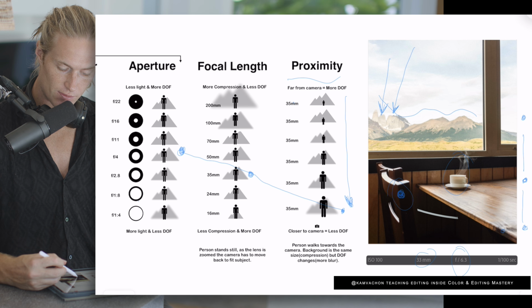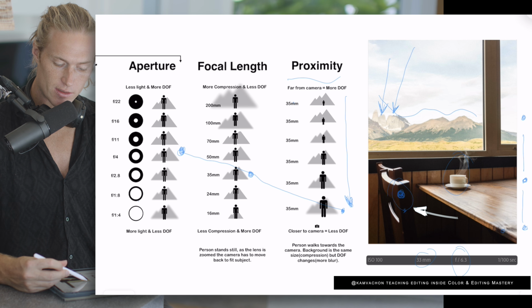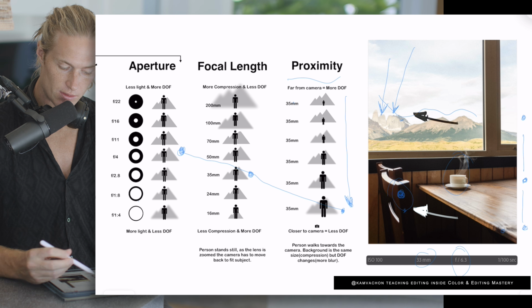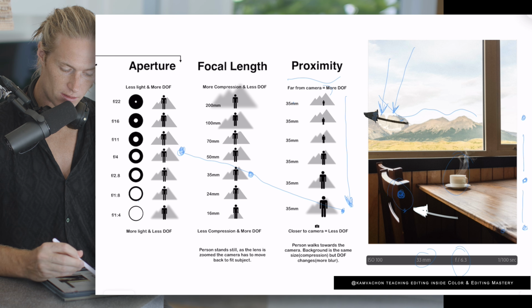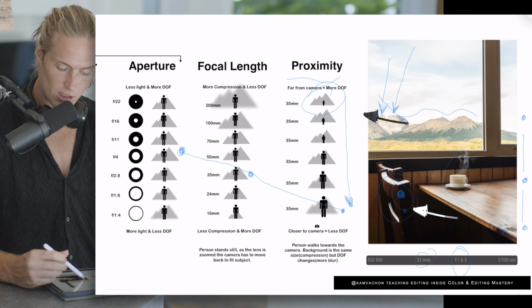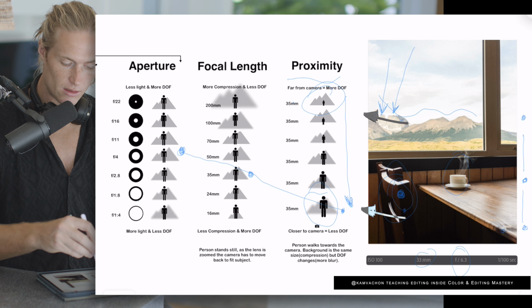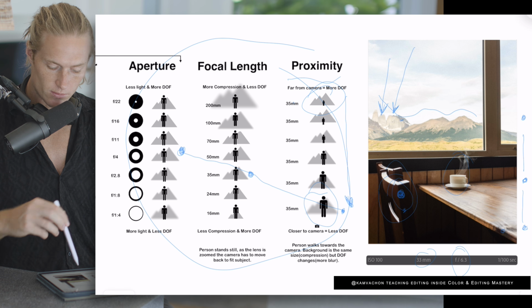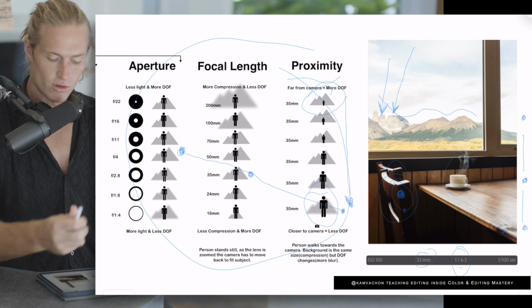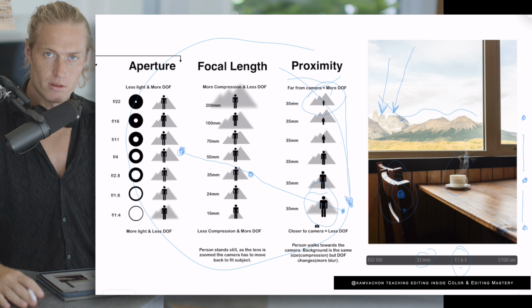So this chair is very close to the camera, where this is the background. So this chair is getting a lot of this effect. And I think in general, this was a good choice of aperture to show the right amount of depth in this image.